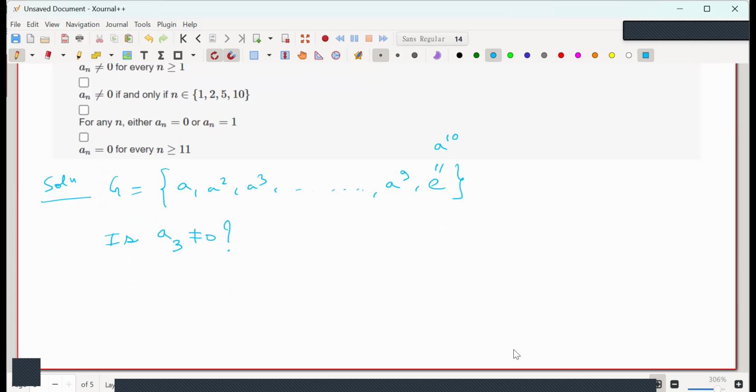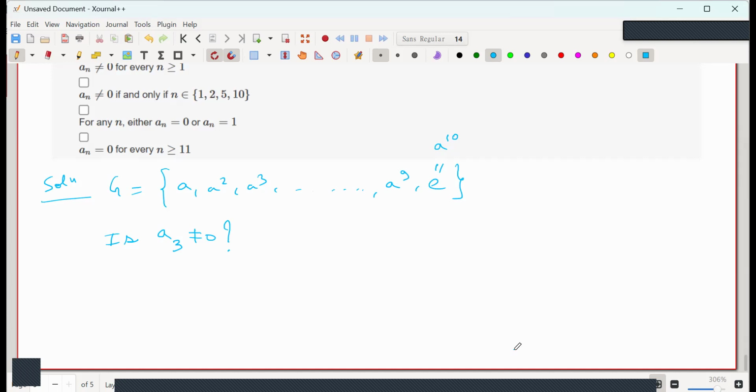If A square is the generator, A square power 5 will again give E. But then this is not true for A cube. I'm just trying to find a better way of explaining. A cube is a generator or something like that.